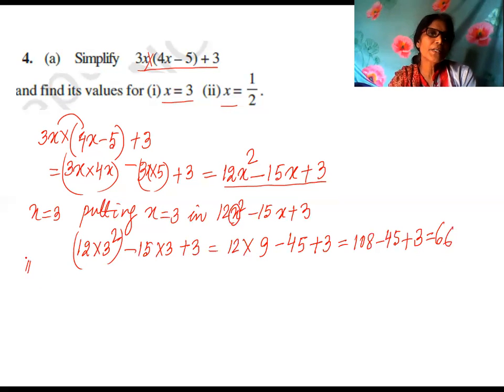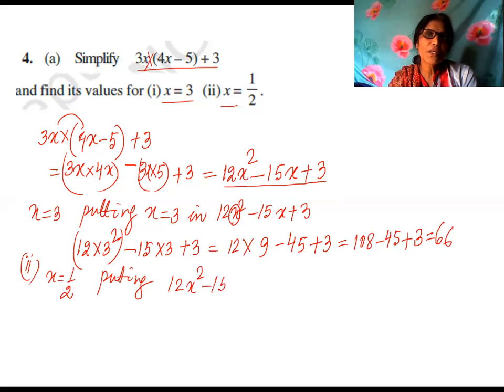Next, the second part is put x equal to half. We'll put it in the same expression, 12x square minus 15x plus 3. I'll get 12 into half square, minus 15 into half, plus 3.